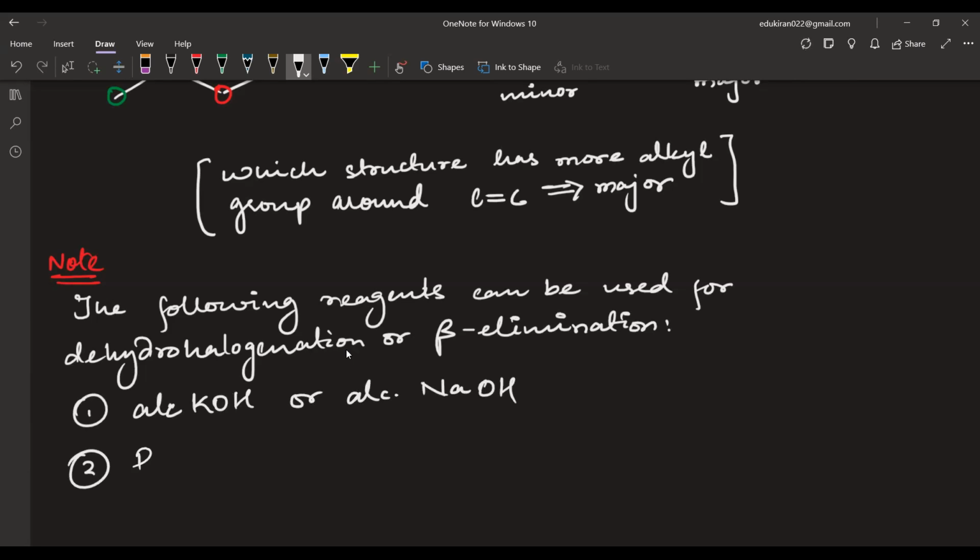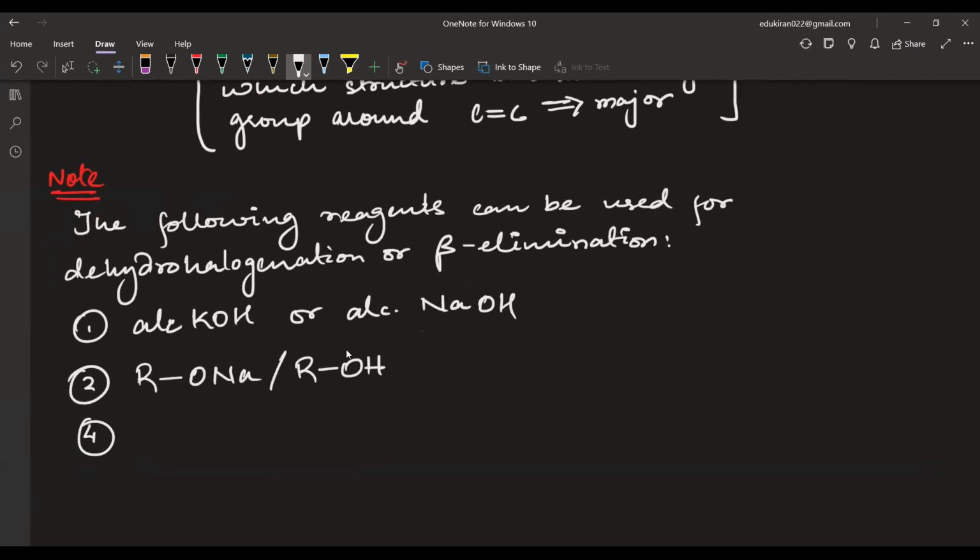Second reagent will be sodium alkoxide with any alcohol. Oops. I always forget the third one. I don't know why. NaNH2.